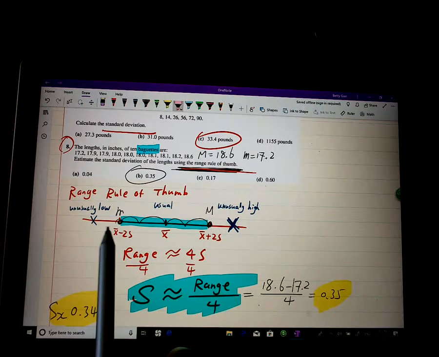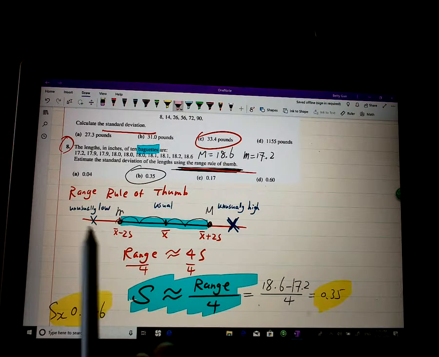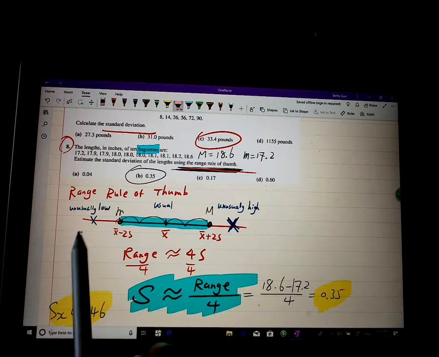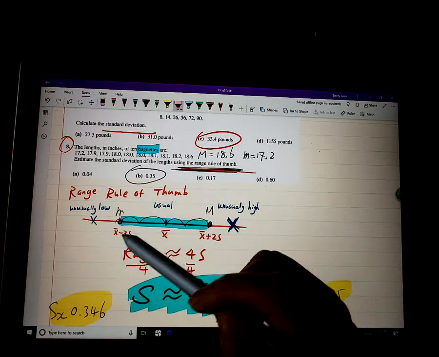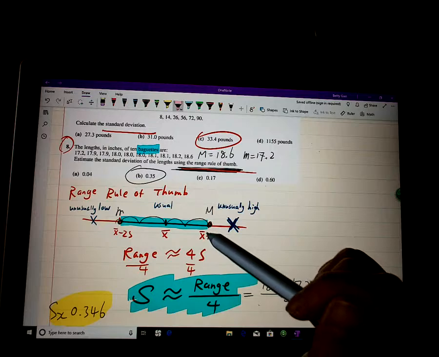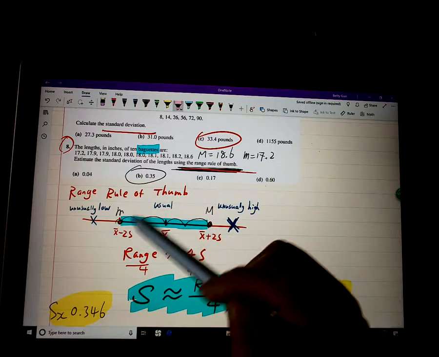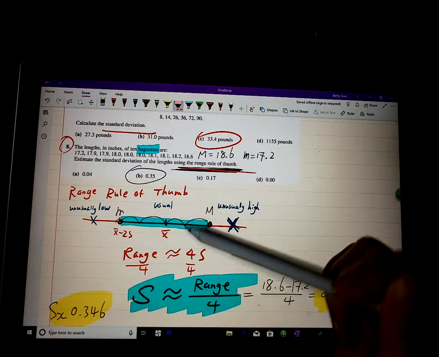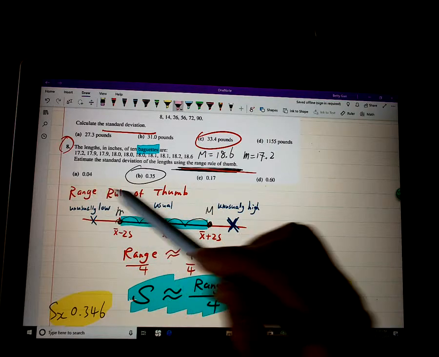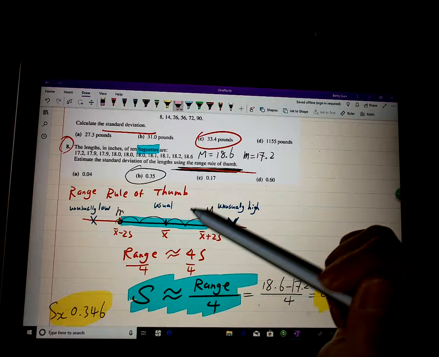If we have a value less than x bar minus 2s, we say that value is unusually low. So that's the criteria standard in statistics. If the values fall between x bar minus 2s and x bar plus 2s, we say those values are usual. Okay, that is the content of the range rule of thumb.